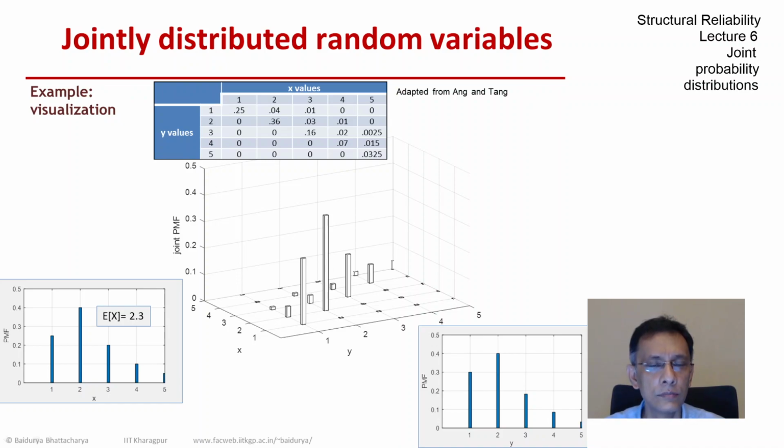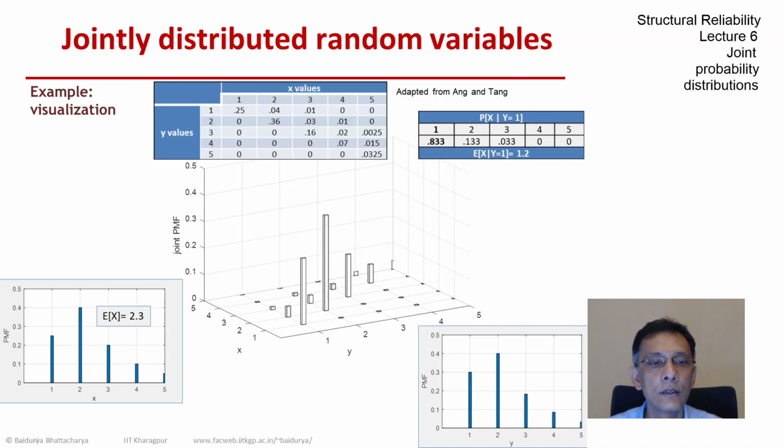We could go one step further and try to implement the conditional mass functions that we just looked at. So let us say we fix the value of y at 1.